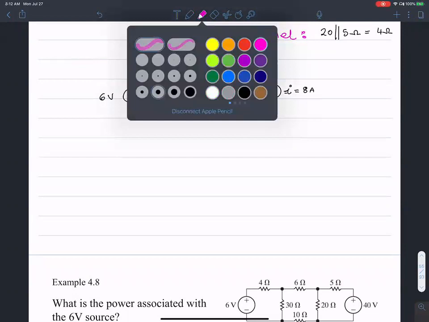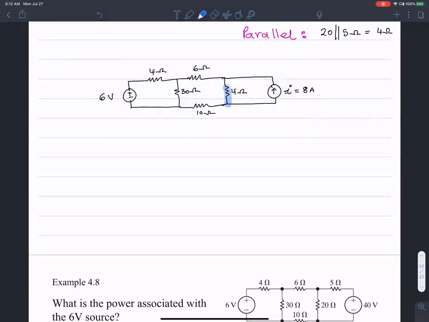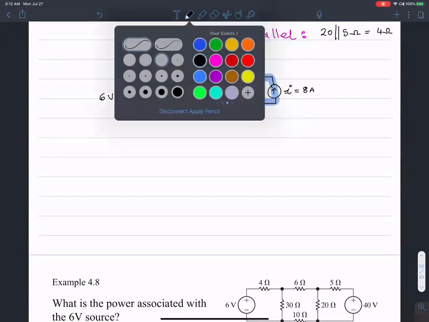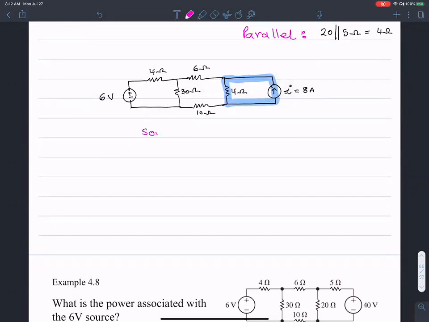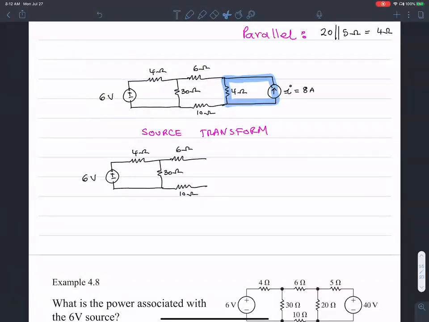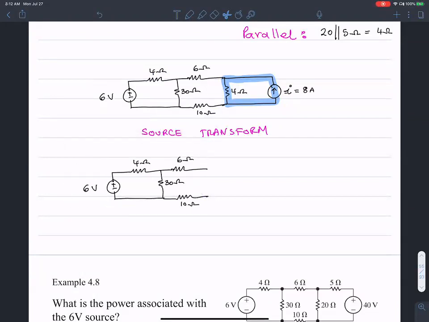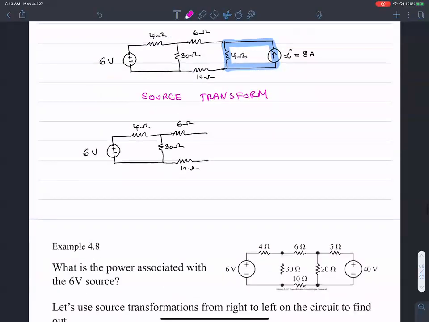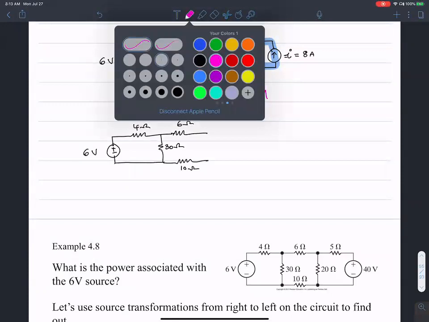Here again, I see a current source with a parallel resistance, so I'm going to apply a source transform again, to convert this parallel resistance into an equivalent series resistance.